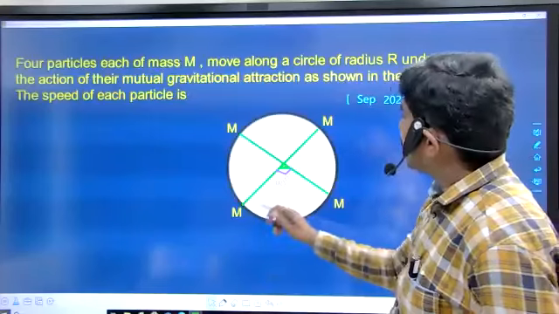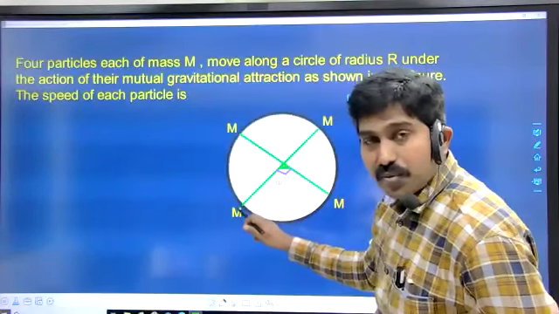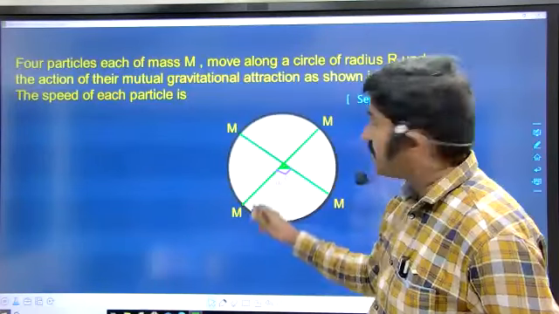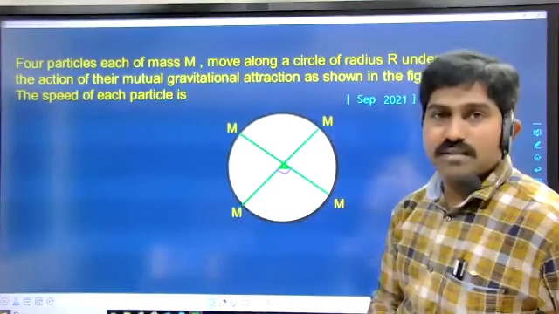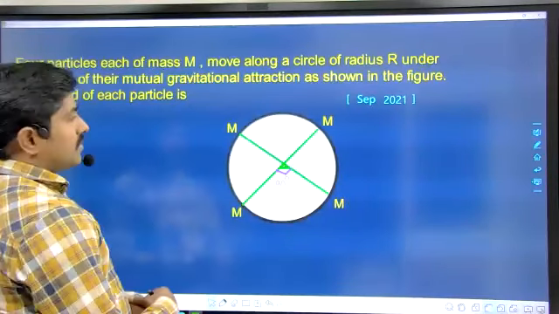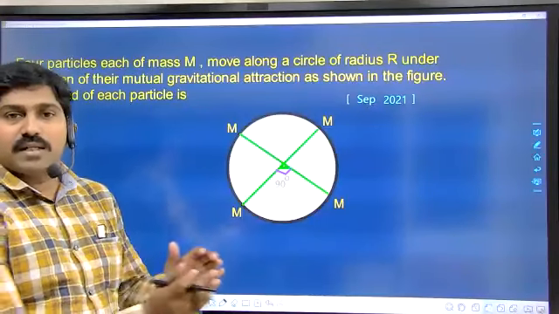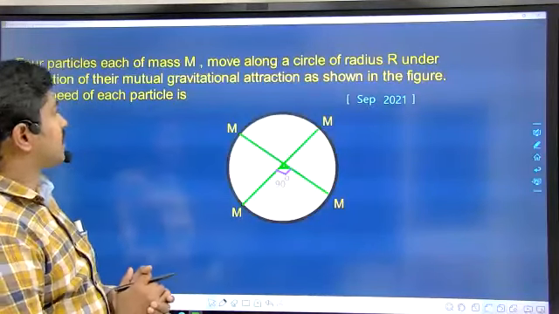So here you have to calculate the gravitational force acting on one particular mass due to all the other masses. Then that may be equated to the centripetal force only, and then you will get the answer for velocity. That is the procedure we followed in the previous questions with the same model.